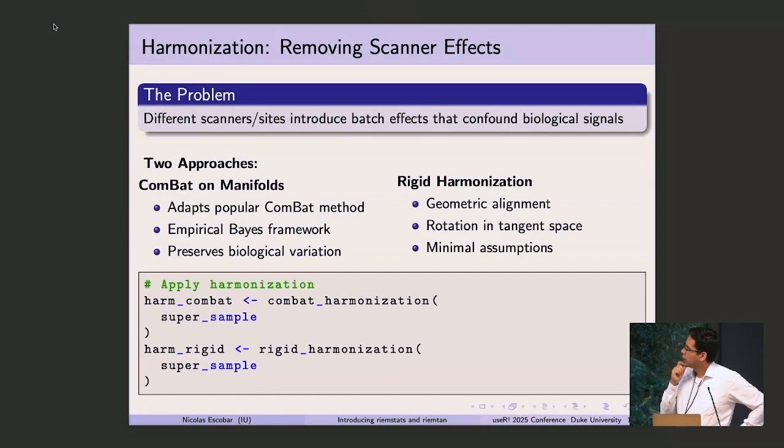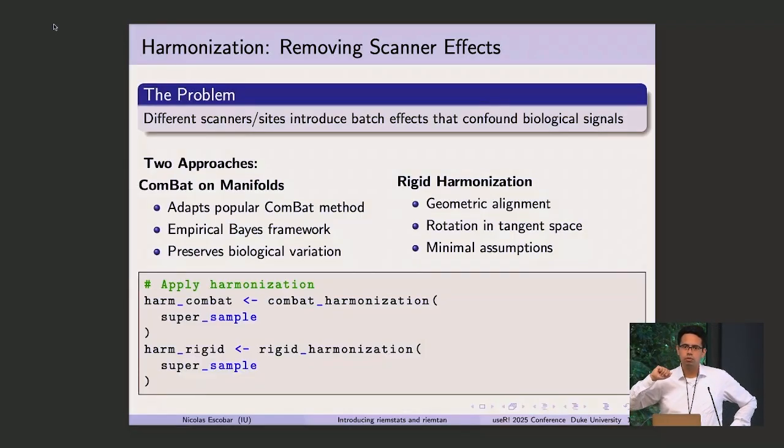Okay. And then for harmonization, again, there's COMBAT. COMBAT is an empirical-based framework. And the nice thing about COMBAT is that not only does it allow you to get rid of the systematic differences, but you can also preserve the differences that you do want to keep, right?